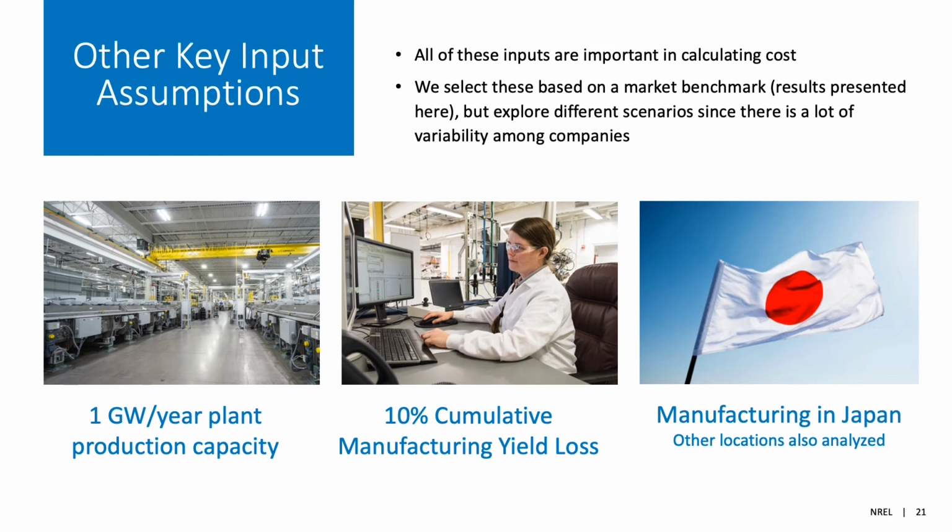And we're assuming manufacturing in Japan, which is where Solar Frontier, who's the leading CIGS company in terms of their capacity, is located. And again, we're not trying to represent Solar Frontier's cost, but this just helps us get sort of a benchmark for where CIGS may be generally with that location of manufacturing.